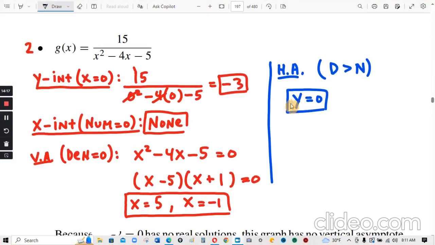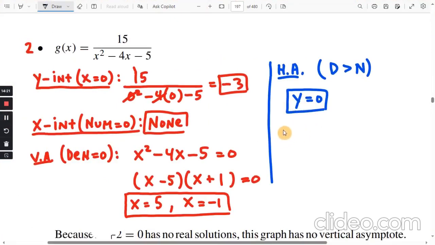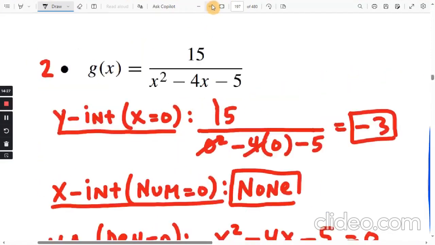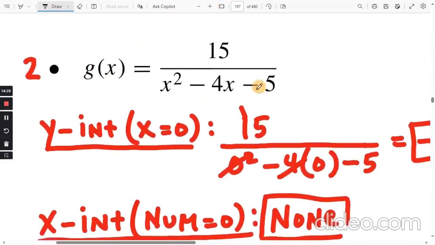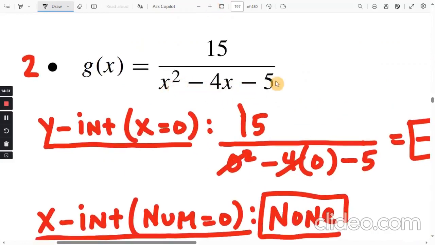And just for fun, you don't have to write this on your homework, but why do you think that is? Why is it y equals 0? Well, if you look at the function, what happens if x approaches infinity? As x goes to infinity, the x squared gets bigger and bigger.